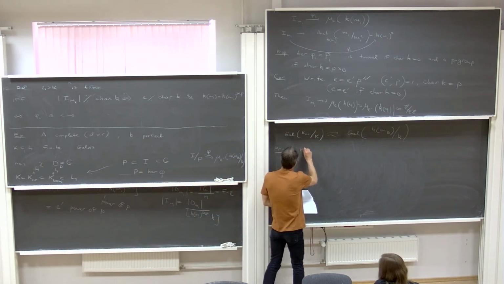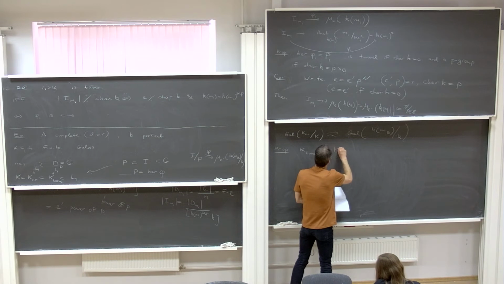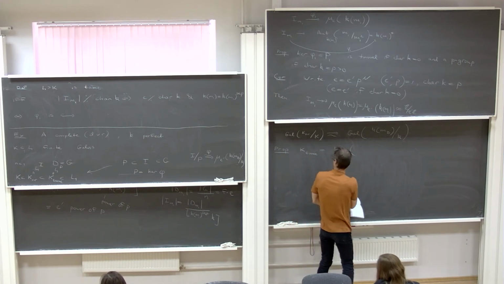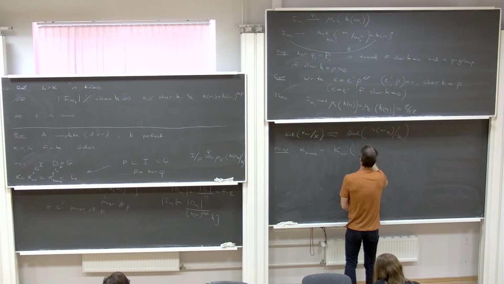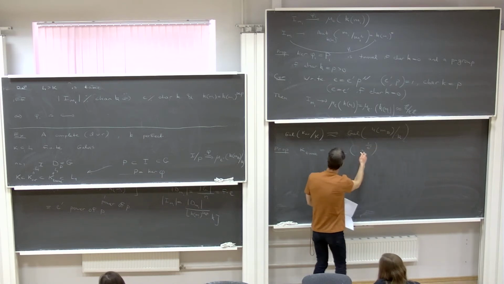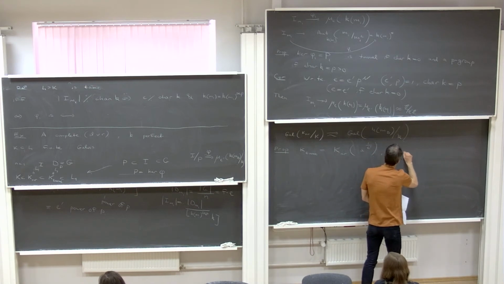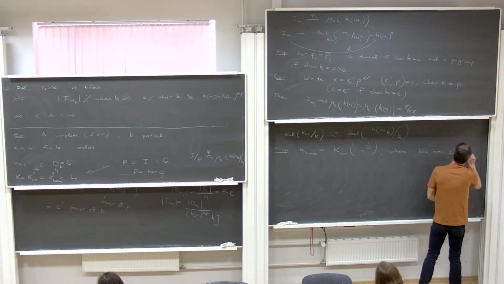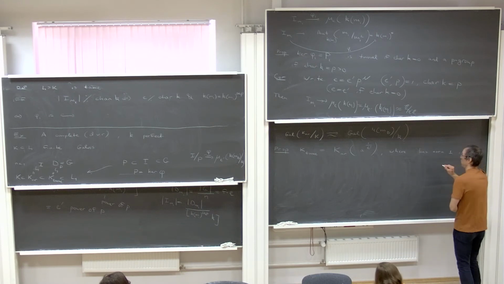I claim that K tame is obtained from the unramified extension by adding a root of some element, an e-th root of a, where a has norm 1 in K unramified.